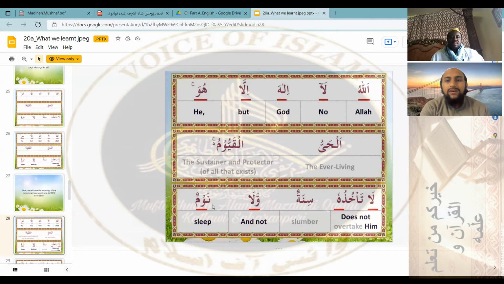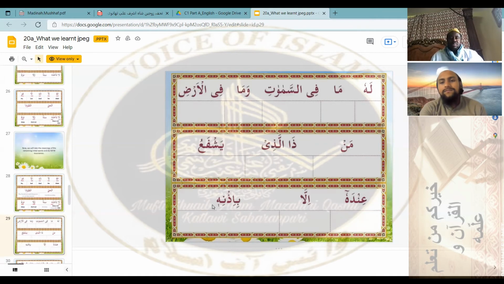Hayyul Qayyum, the ever-living, the sustainer and protector of all that exists. La ta'khuduhu, does not overtake him slumber and not sleep. Naum means sleep. Lahu means for him.